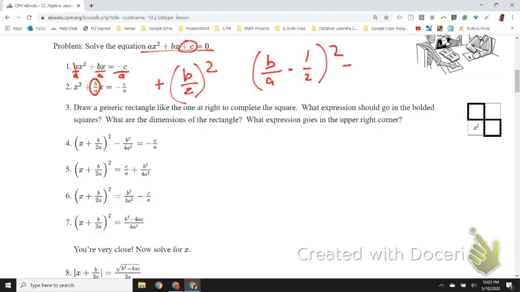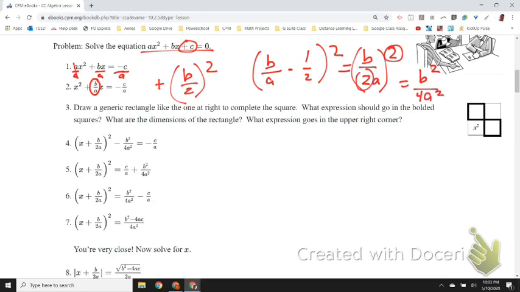Well, what do I get? I get b over 2a squared. And when I square that, remember everything inside the parentheses gets that second power. So essentially I will have b squared, over 2 squared is 4, and then a squared.